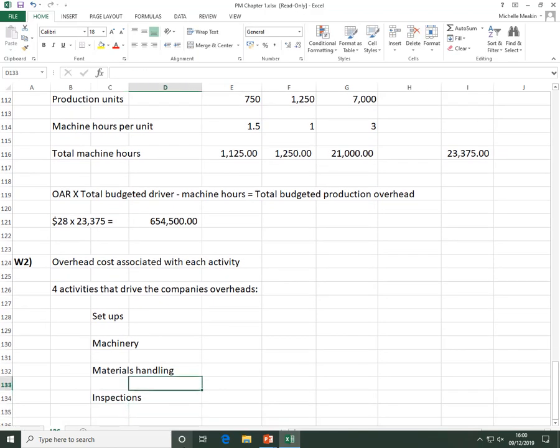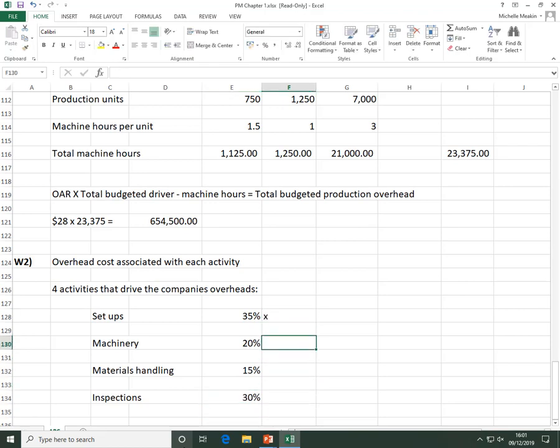And you are told the percentage of each that are applied. So further analysis shows that the total production overheads can be divided as follows. 35% is for setups, 20% is for machinery, materials handling 15%, and finally inspections 30%.